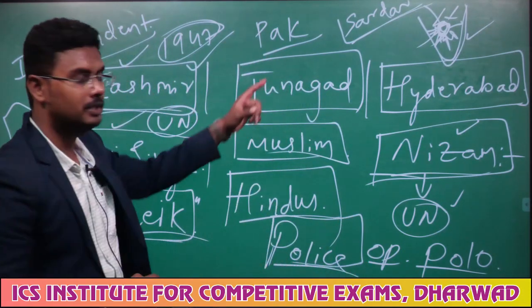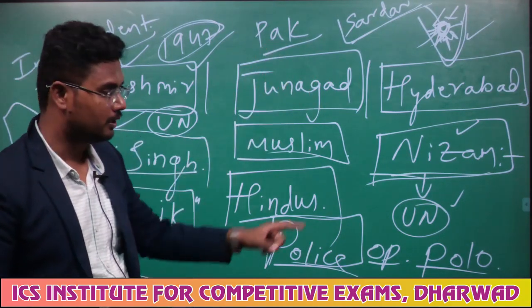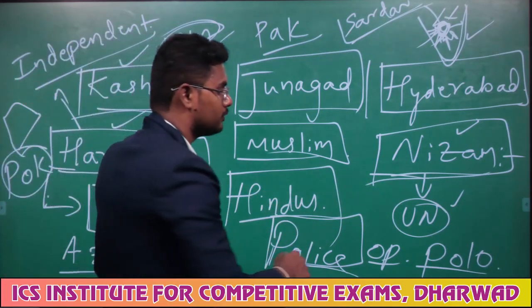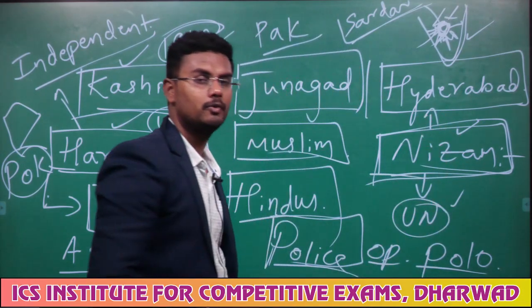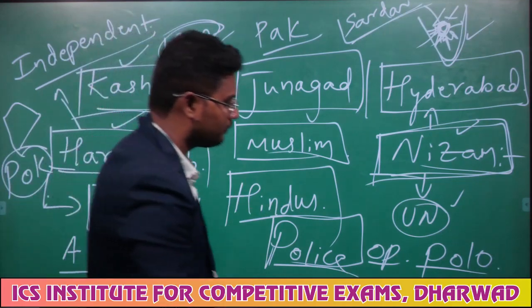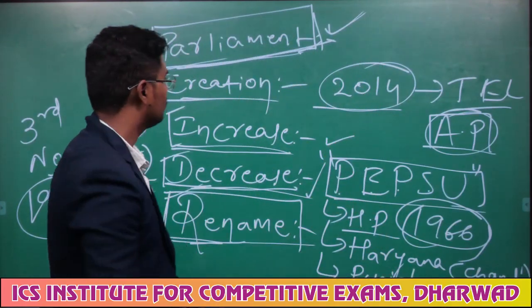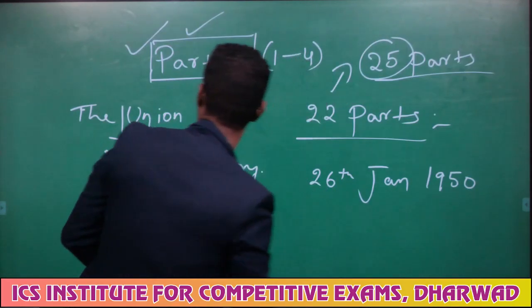So, Sardarji is a man of his words. He kept his word. He did not use military force, but he used police force. By using police force, Hyderabad was freed from the Nizam of Hyderabad. Right? So, this is how India as it existed in 1947 was eventually changed to India as it exists now.